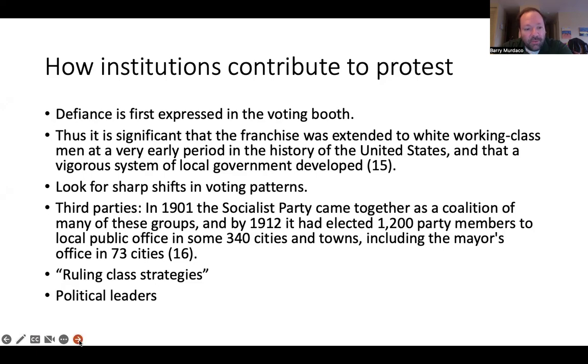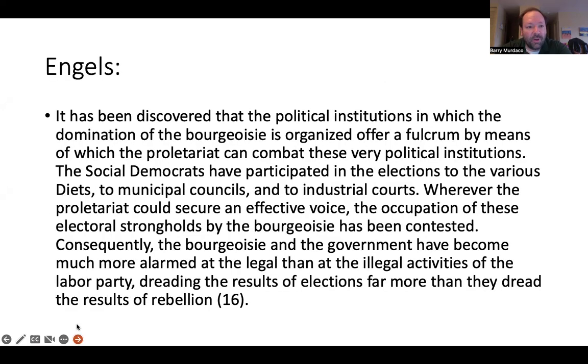Again, this idea of ruling class strategies is an idea associated with Michael Mann, who we'll talk a little bit more about next class. Of course, the role of political leaders matters as well, the ability of certain candidates to generate a mass movement of support behind them. So they quote Engels here also.